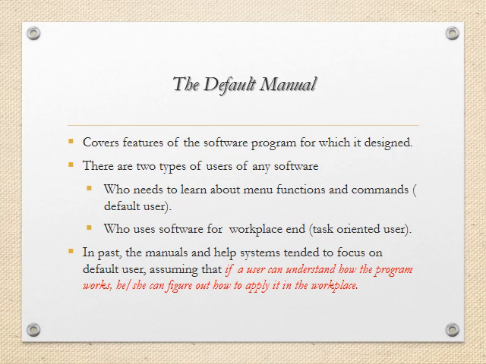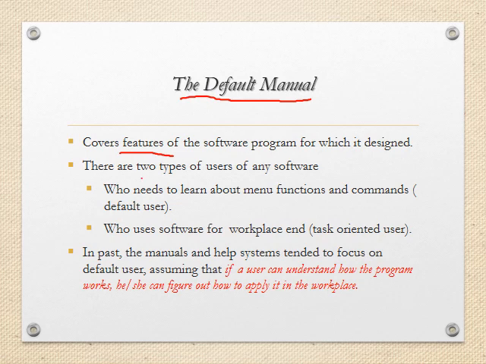There are two types of manuals: default manual and task-oriented manual. Here we will talk about the default manual. Default manuals cover the features of the program for which they are designed. When we design any default manual, we try to cover all the features and menu items in our software.